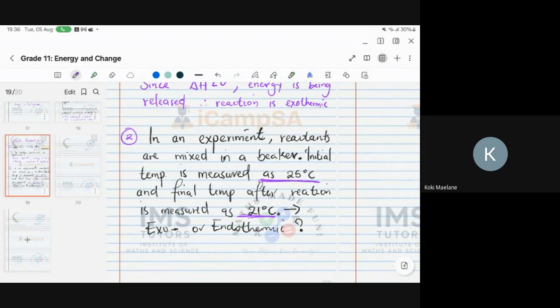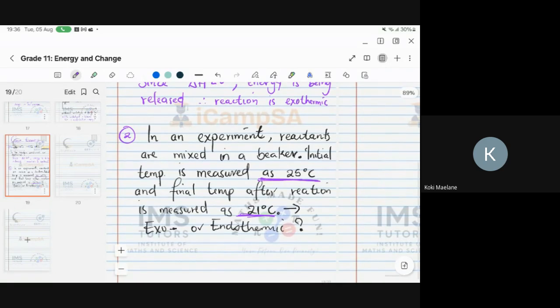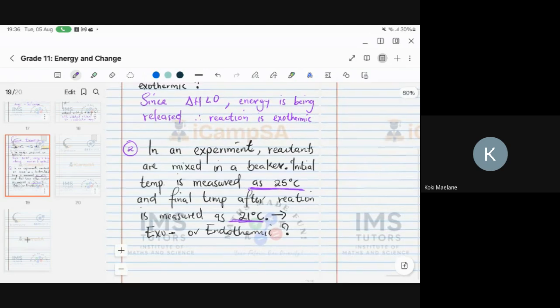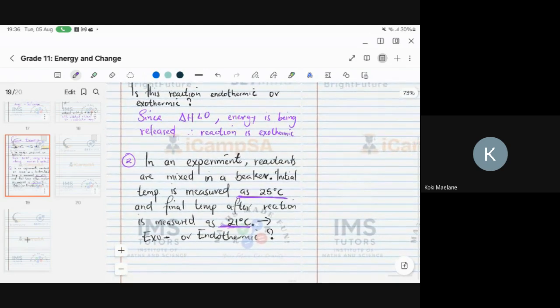So if there's a loss in the heat in the surroundings, the temperature of the surroundings decreased. Therefore, this right here will be an endothermic reaction.